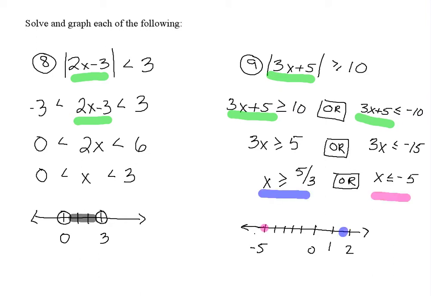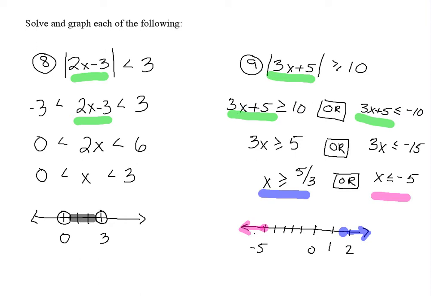With x being greater than or equal to 5/3, I'll have a solid dot and I'll shade to the right-hand side. Since x is less than or equal to negative 5, for that piece, we'll go ahead and shade to the left of negative 5. So our resulting graph would look like what we have here. Be sure that you shade correctly in each direction, and also be sure that your dot is correctly filled in.